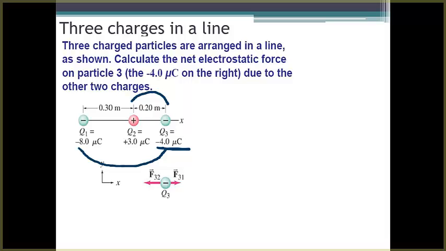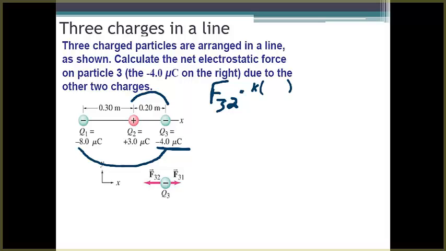What I want to do again is find the net force. What I need to do is set up 2 different problems. So I'm going to set up the force between particle 3 and particle 2. We have a value for K. I'm just going to leave it as K for now, but I'll type it in my calculator the way it's supposed to be.